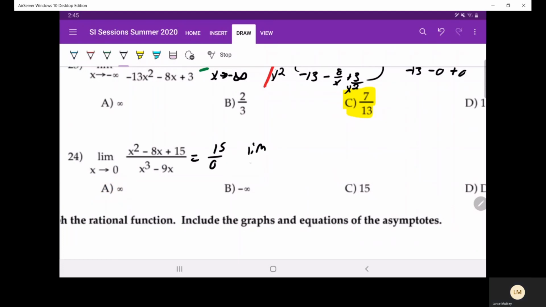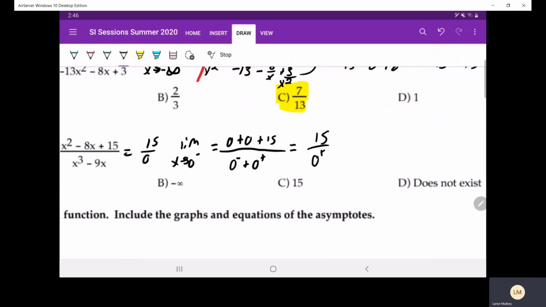Okay, because this 9x is going to get changed to positive, and it's going to be bigger than a small number cubed, because small numbers cubed get even smaller.